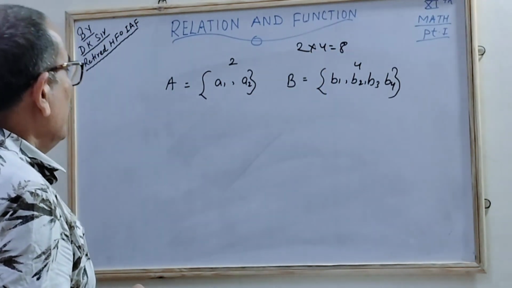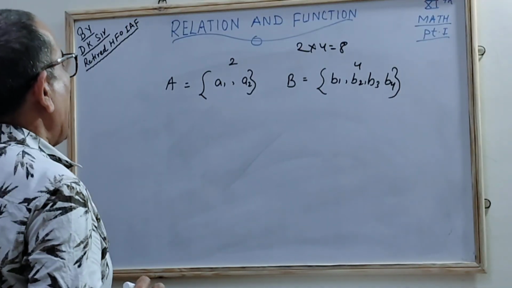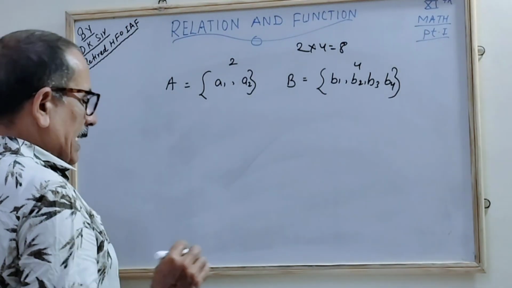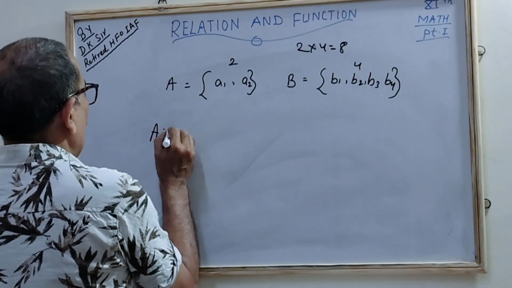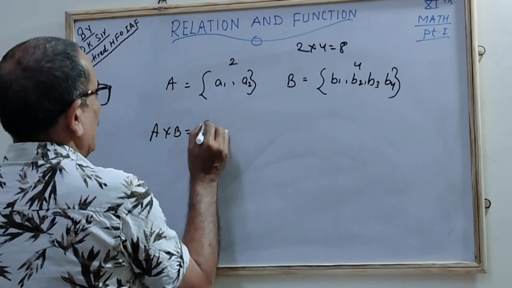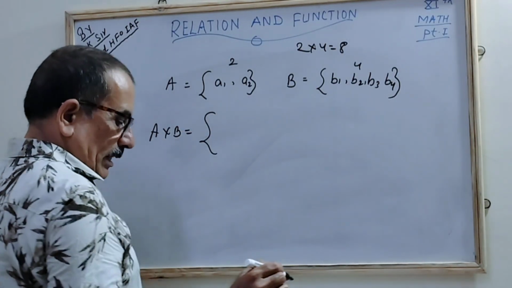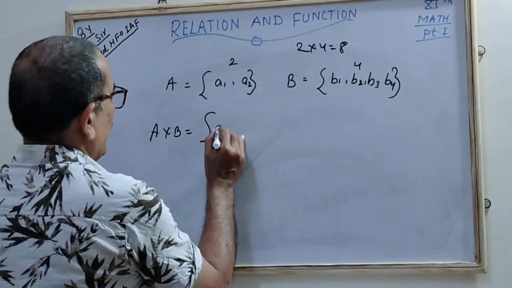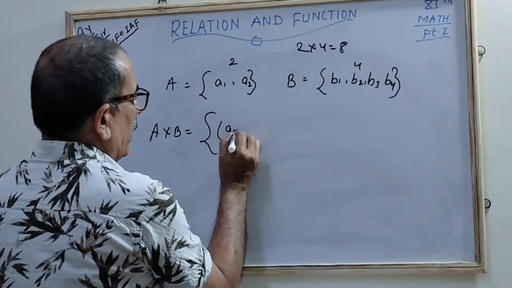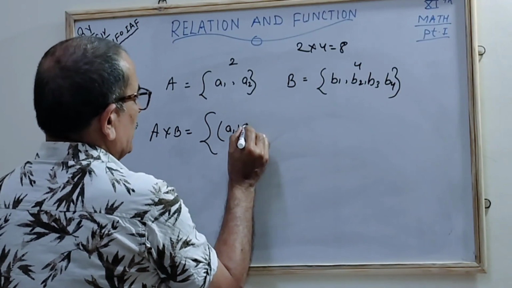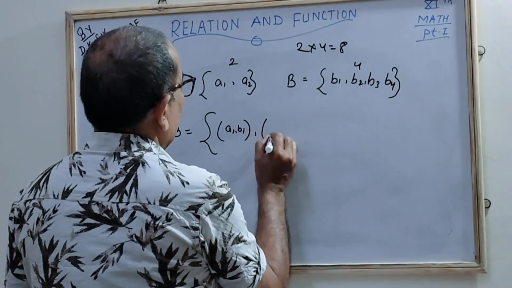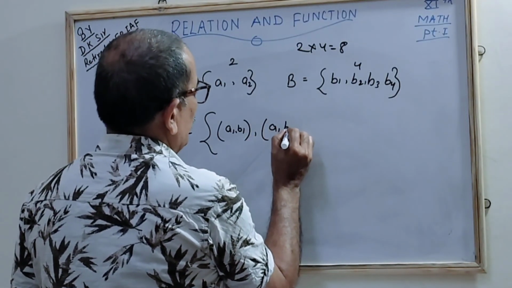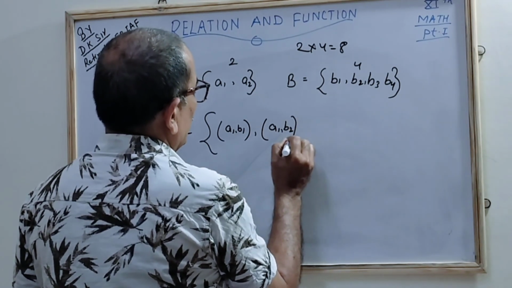But do you know, all these pairs are like elements of a set. So the Cartesian product, this is A into B. We can put this in the form of a set, where we can write A1, B1, correct? Next we will write A1, B2.